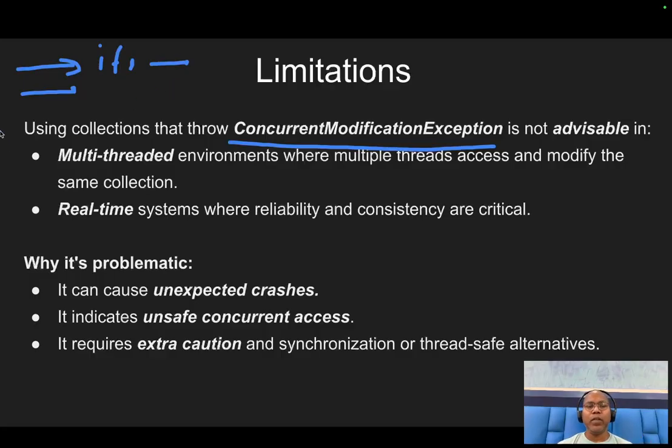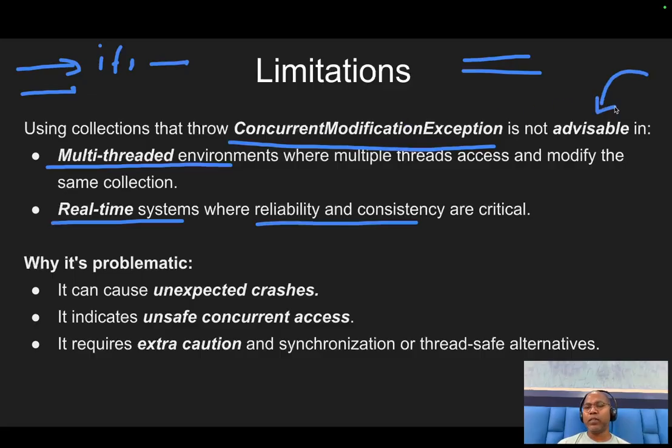Or separately, you can use a different collection, maybe ConcurrentHashMap or CopyOnWriteArrayList, which are designed for fail-safe iterators. Generally, the collection can throw an exception, so if your application is a multi-threaded environment or a real-time application where reliability and consistency are very critical, you have to avoid this. It is not advisable to let a ConcurrentModificationException be thrown.